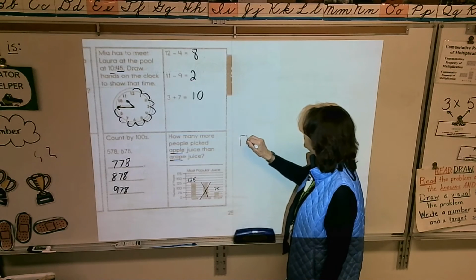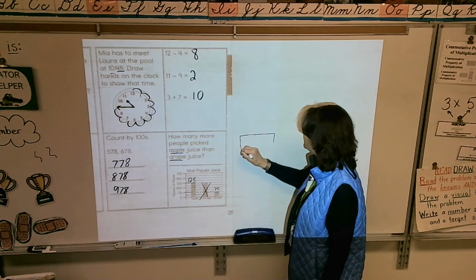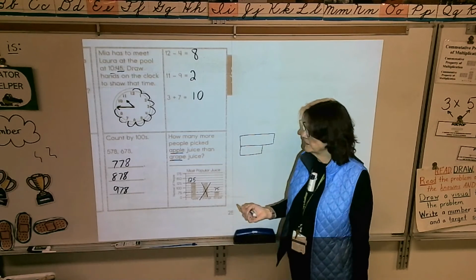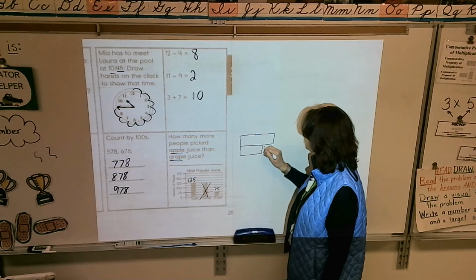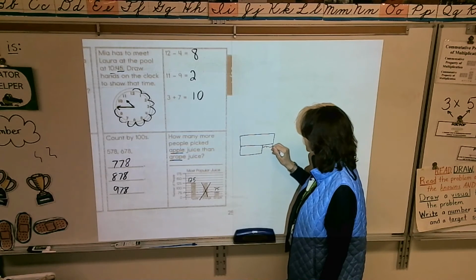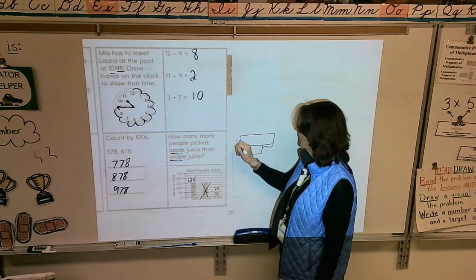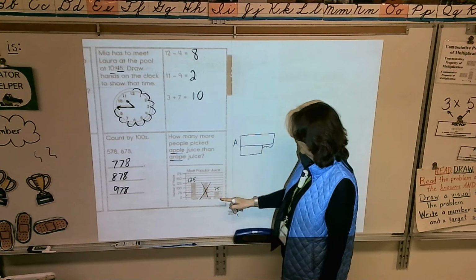I also want to show you, because I've been doing this a lot in school, this is a comparison problem. So if we were going to draw a picture for it, we would stack 2 bars on top of each other, a big one and then a smaller one, and what we're doing is we're comparing the difference in size between the two. So apple juice is 125, it's the bigger number, so I'm going to label this A for apple.